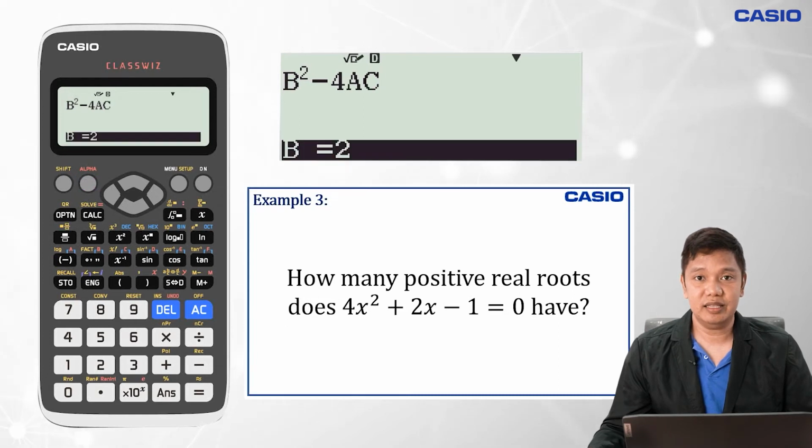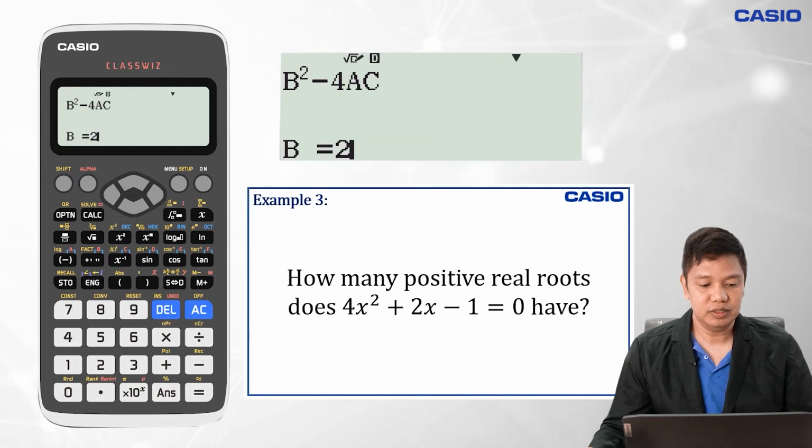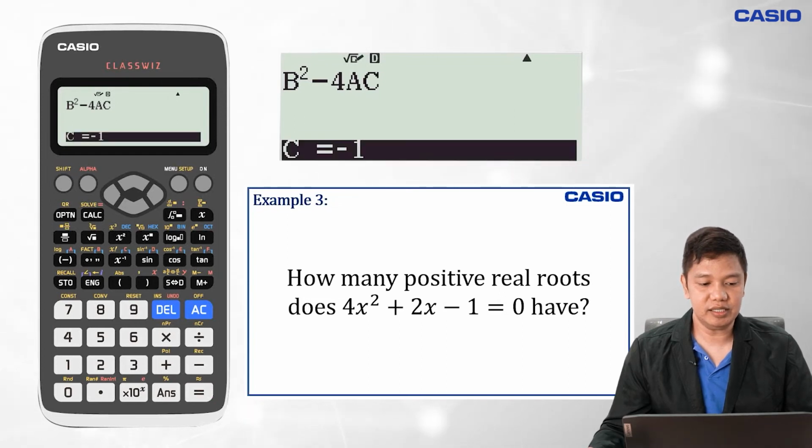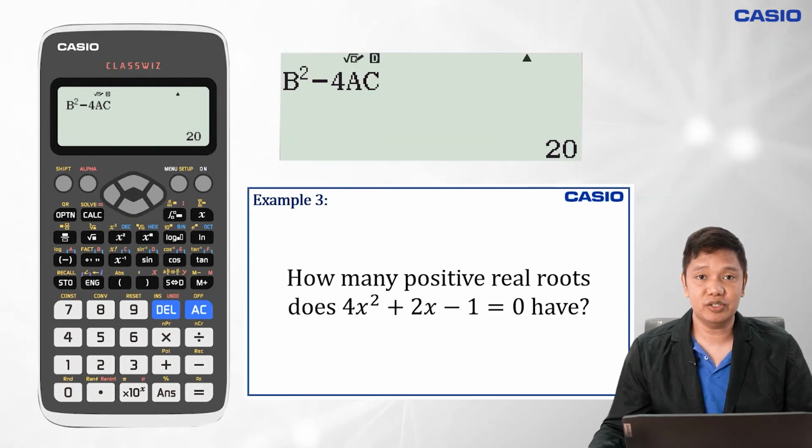Then press calculate and enter the values of the numerical coefficients. Our b is 2, equals, and our a is 4, then equals, and our c is -1, and then equals. So we have the value of the discriminant as 20. Let us store the value of this discriminant 20 to x by pressing store and then x, then pressing equals. Since the discriminant is 20, we can say that there are real, irrational, unequal roots.